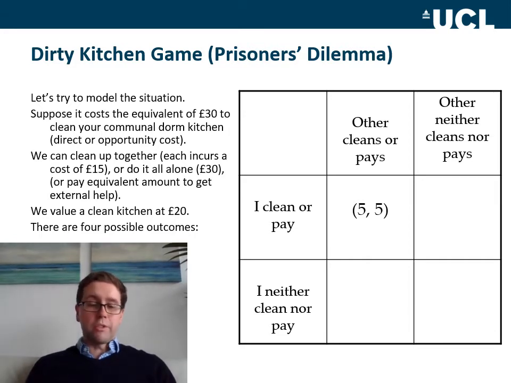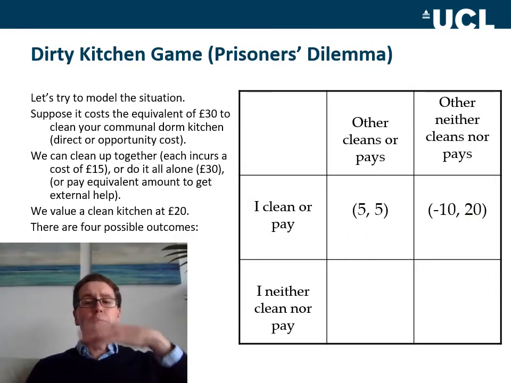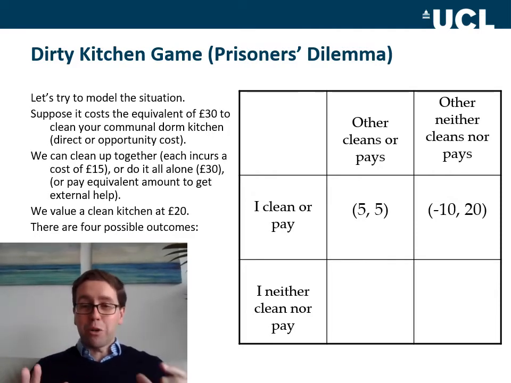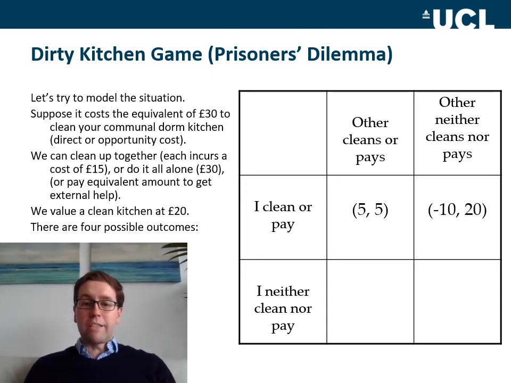What are the other possible situations? What about this one? If I do the cleanup and you say, oh, I have an important core course event to attend, I have to study, I have to do other things, sorry, you've got to do the cleanup. Then I find myself in a situation where I clean and you don't.